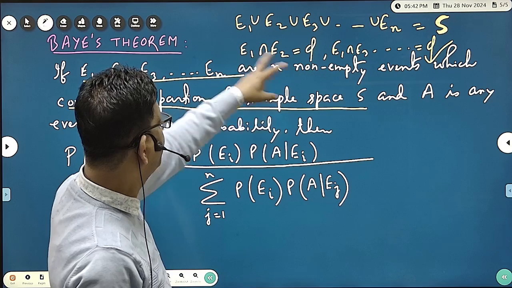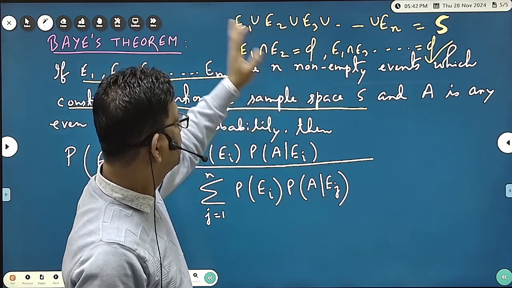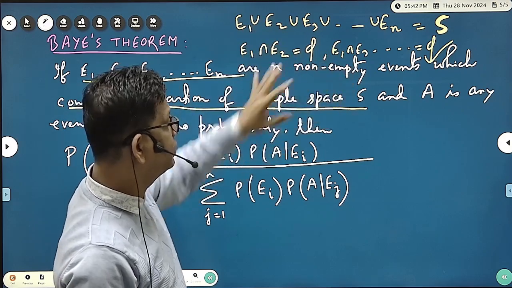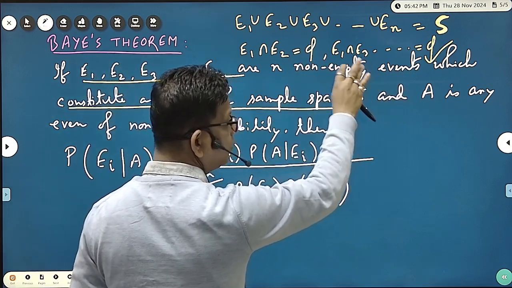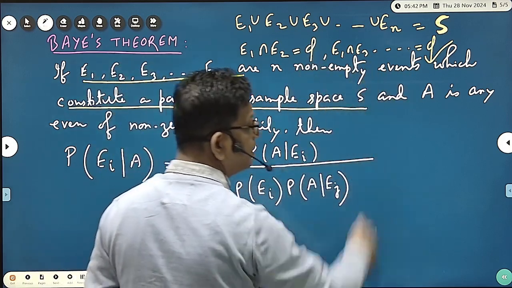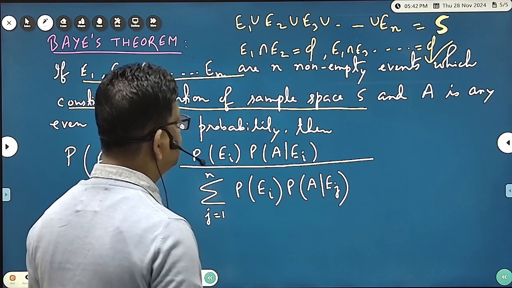Disjoint means pairwise they don't have any common element. For example, E1 intersection E2, E2 intersection E9, whatever: two events taken, every time they give you phi. That means they don't have any common elements.